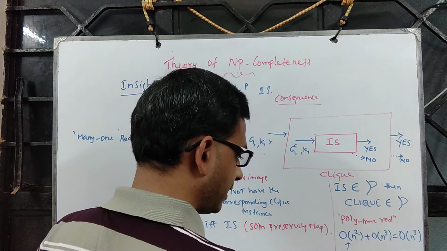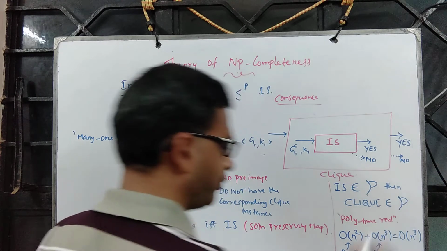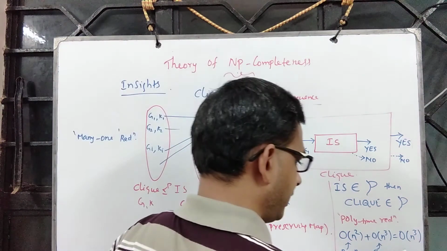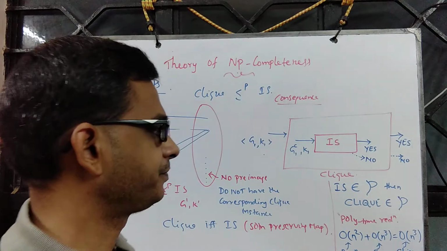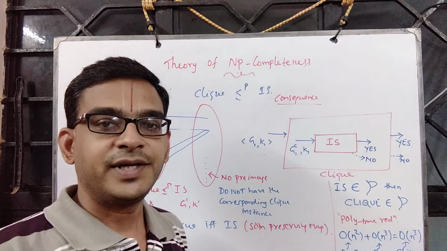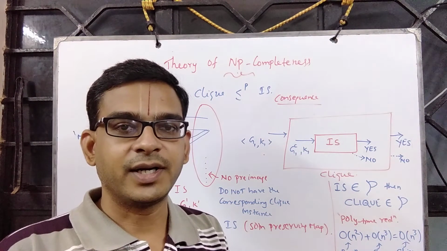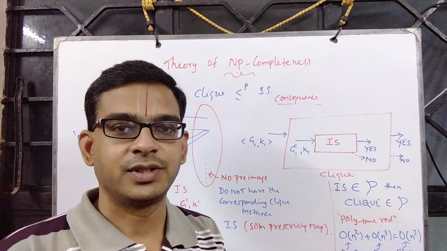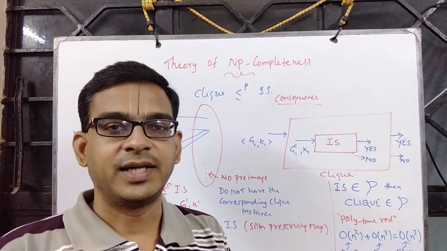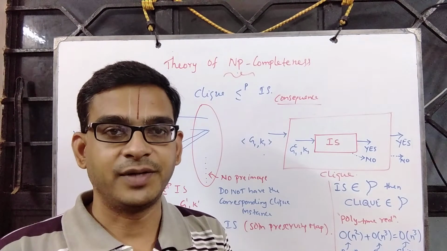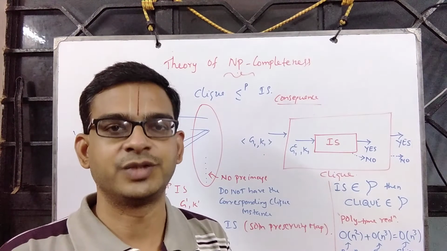This is the reduction cost, and this one is the time to obtain the independent set, and if you combine these two, you can obtain a solution to the clique problem in this much time. Now we are not actually solving clique through this approach. We only establish a framework. Here is a framework that tells you that if independent set is solvable efficiently, then clique has an efficient solution.